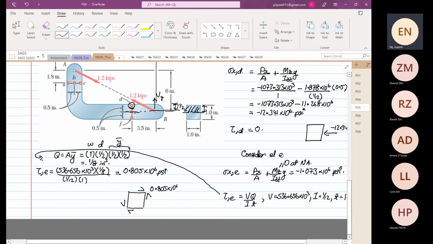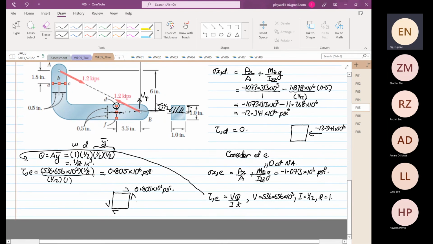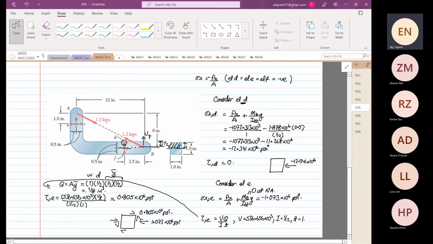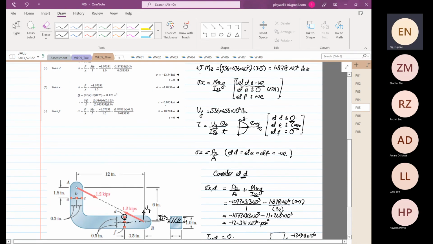Psi should be in small letters, I think. And then our normal stress in the x direction is compression, 1.073 times 10 to the power 6 psi. I don't know if my answer is right or not. Let me check. Element E, 0.805, and the normal stress is the same.